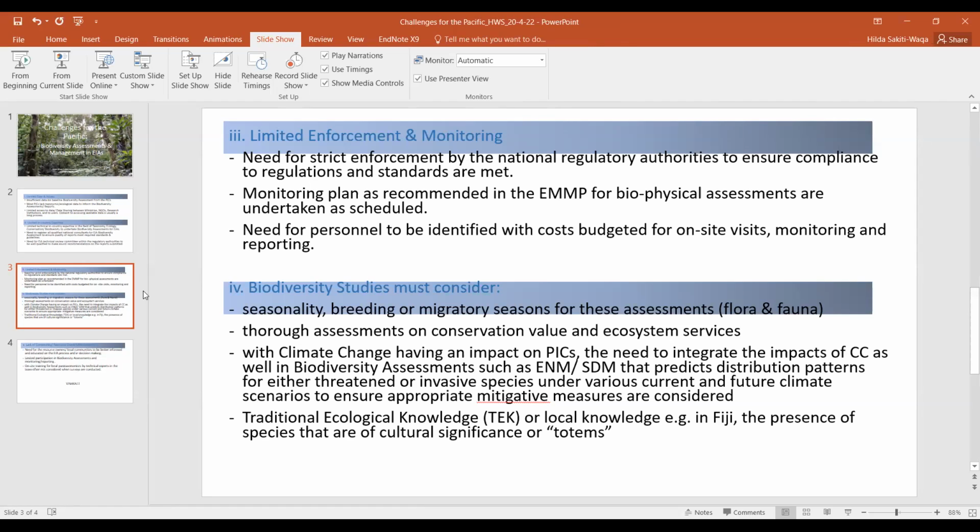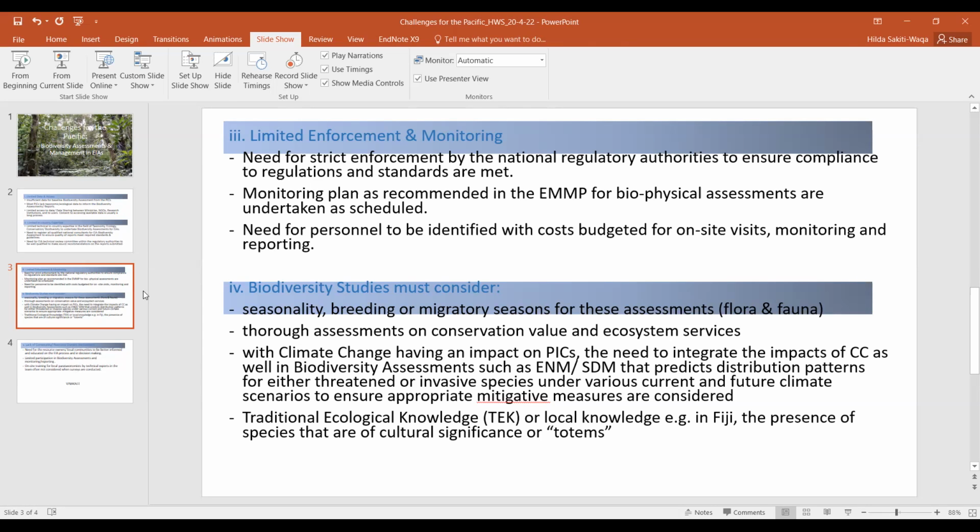And due to that, there is need for personnel within the regulatory authorities to be identified and costs budgeted for on-site visits, monitoring, audits, and reporting. And this is usually not the case for many Pacific Island countries. And that's where we lack in terms of enforcement and monitoring from the regulatory authorities.